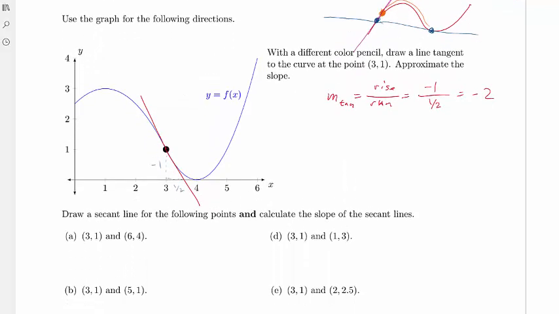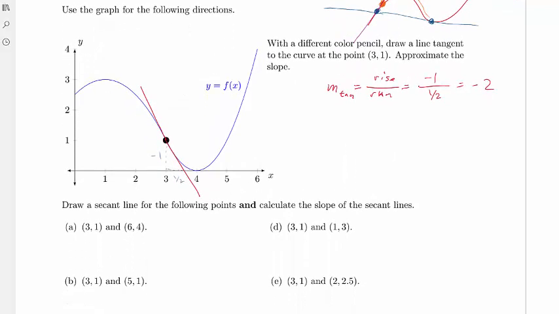All right, so for this next bit, we're going to be drawing secant lines. We're going to see how the secant line gets closer and closer to that tangent line. So first, we're going to draw one between 3, 1, that's the first point, and 6, 4. So that's here. And then we draw that one. We notice this looks nothing like the tangent line.